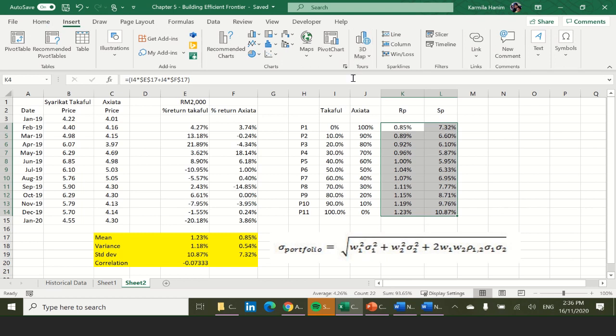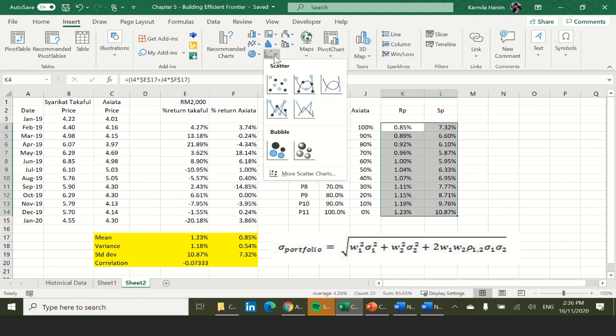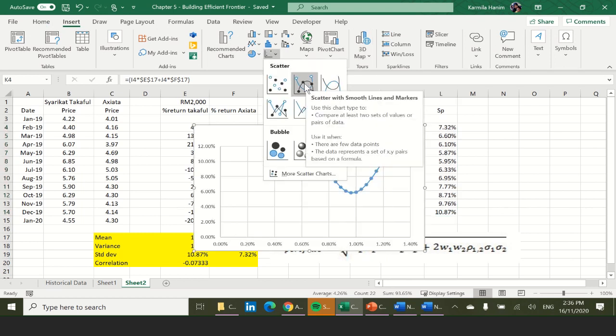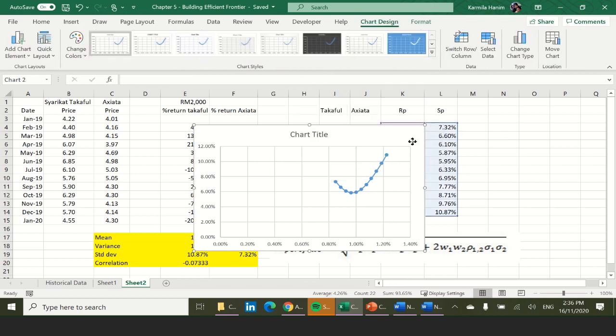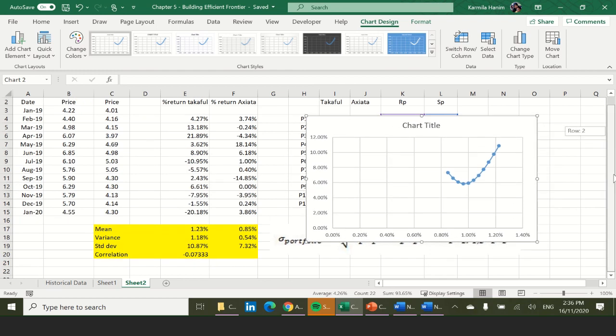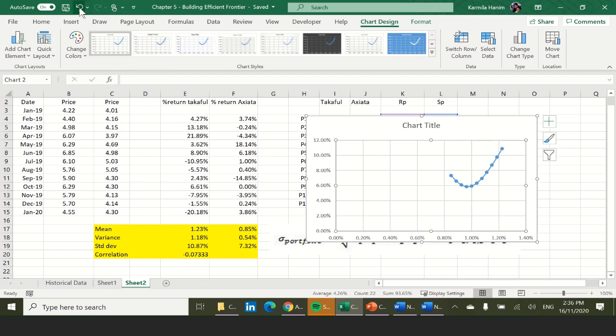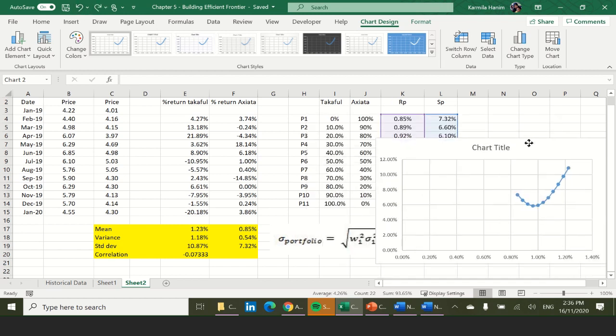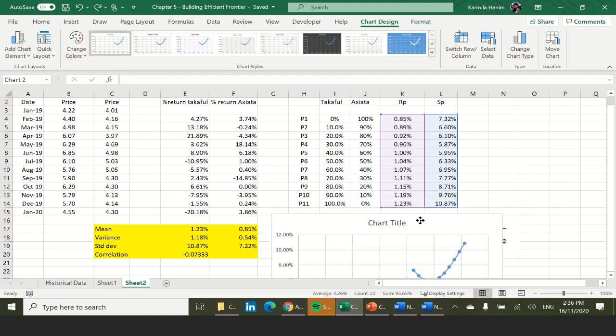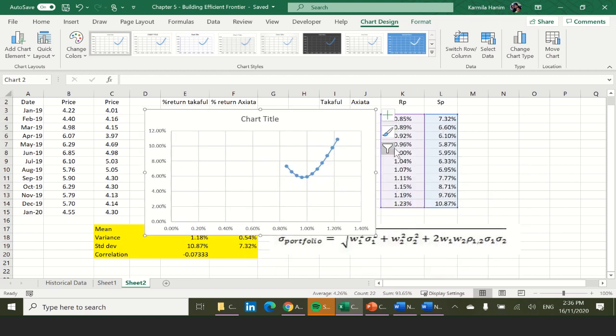Okay, insert, and we choose this plot. And we have to determine, okay, what will be the x-axis and the y-axis.